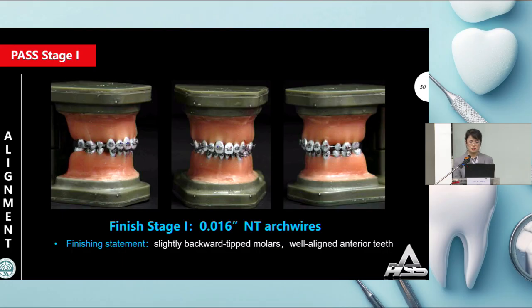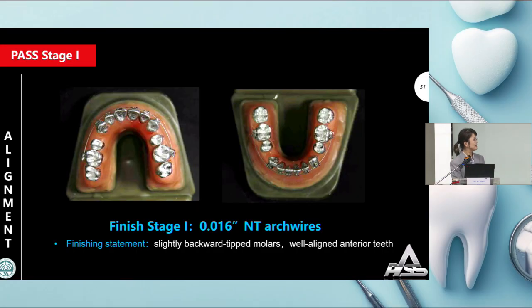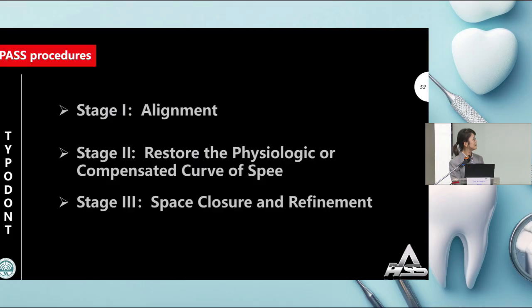When we finish stage 1, the main arch wires are often the 16 nitinol wires, and the finishing statement is that the first molars are slightly backward tipped, and the anterior teeth are well aligned. Then, back to our procedures. Let's start with stage 2, restore physiologic or compensated curve of Spee.